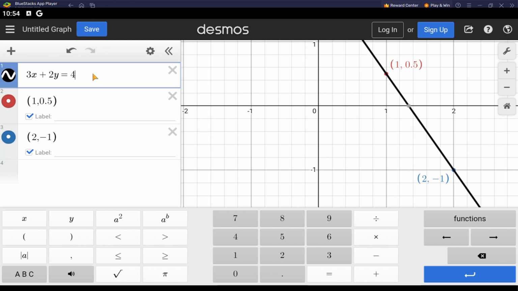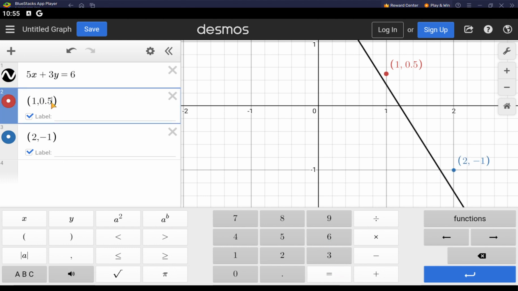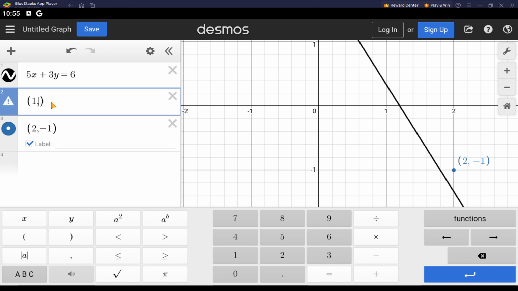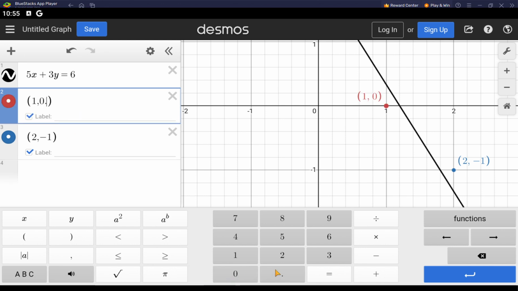How about our last example? Our last example is 5x + 3y = 6. So now we will put the coordinates. 1 and 1/3, or simply 0.33.